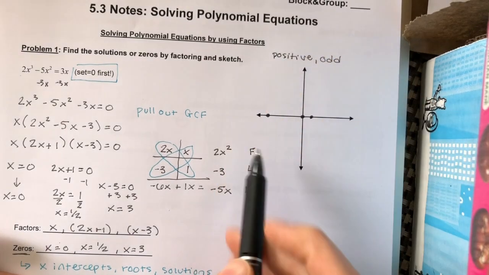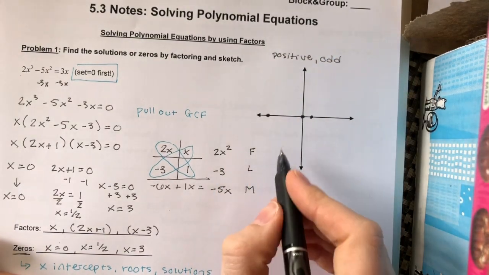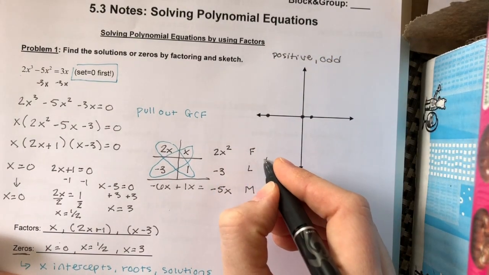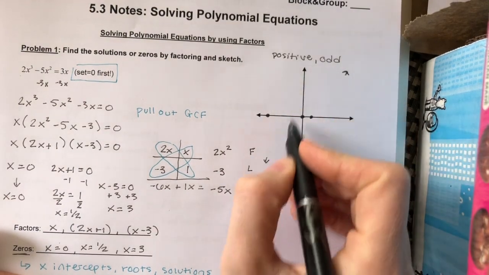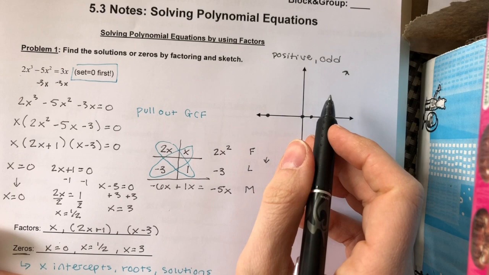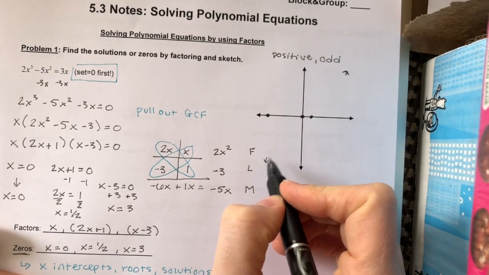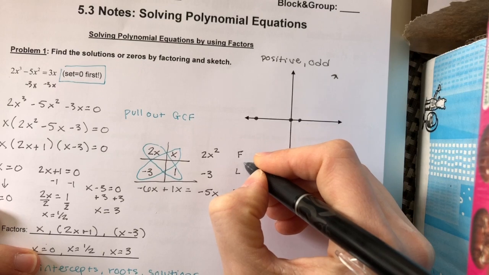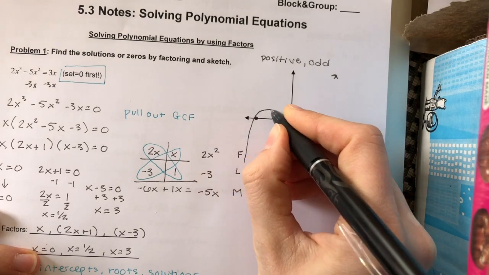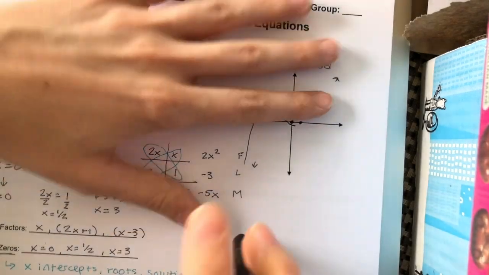Okay, if it's positive and odd, that means that it must start at the bottom and end up at the top. Odd means opposite end behaviors, and positive would be like a positive slope. So we need to start at the bottom and go through each of the x. Oops, I missed that one. Let's try that again.